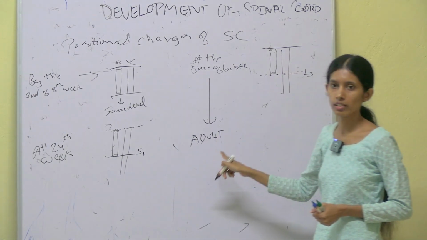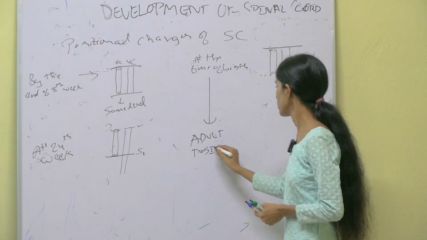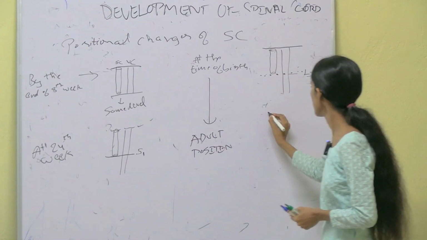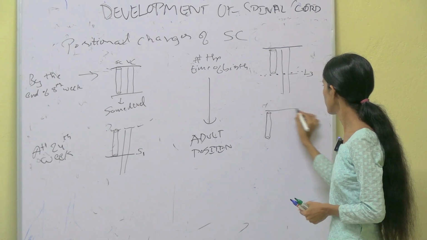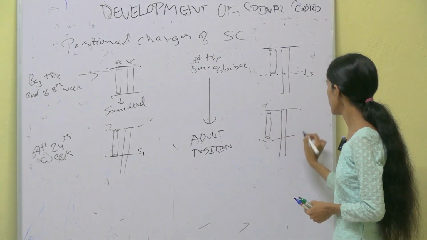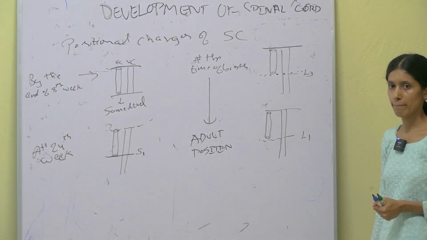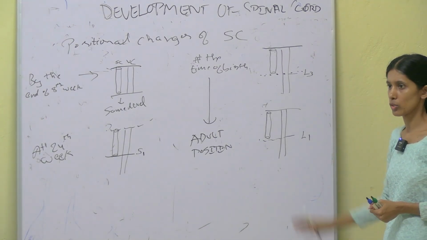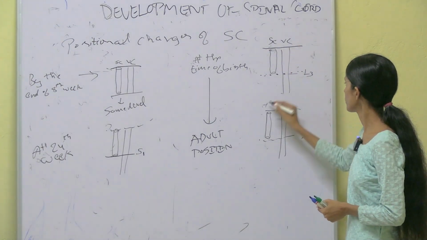This is the final position we have to consider. So in the adult position, your spinal cord is present at the level of L1. Okay, it is present at the level of L1. This is spinal cord.